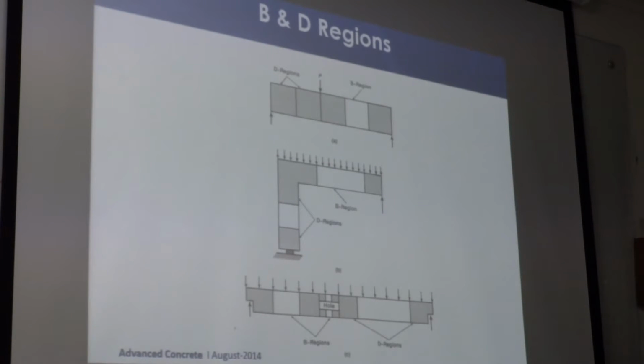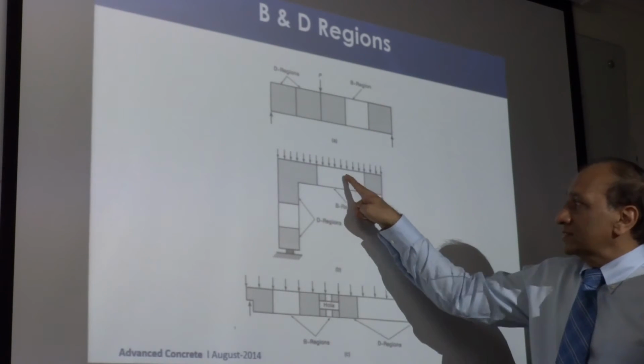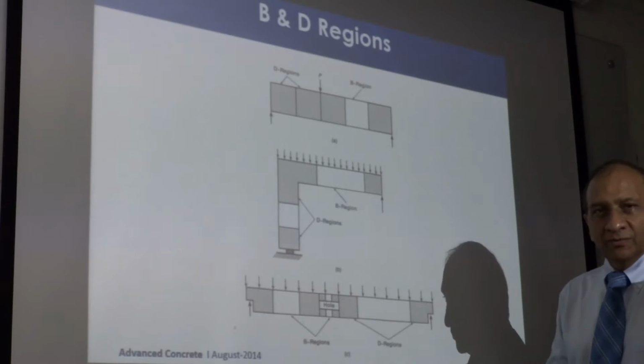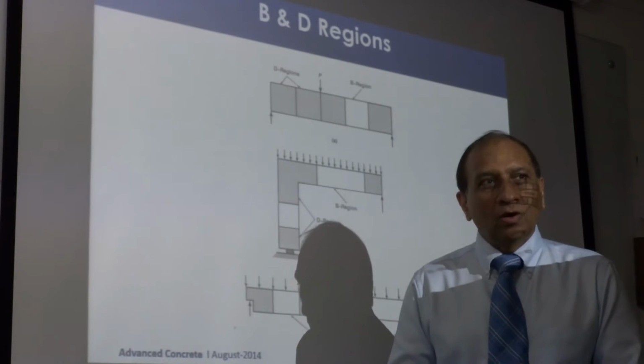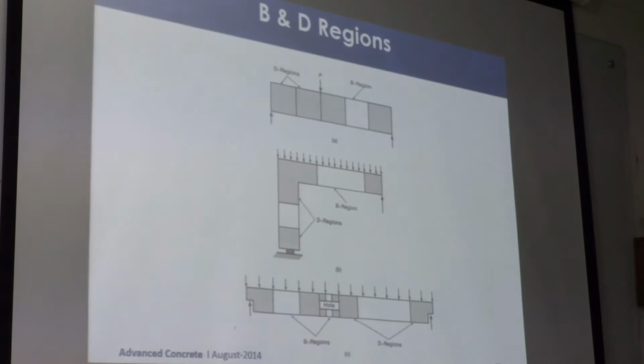So the regions of a member in which Bernoulli's theory holds nearly true is called B region, and the portion of the beam or members in which Bernoulli's theory or assumption does not hold true are called disturbed regions, D regions. That means they are too disturbed, stress strain is too complex, we don't know what's going on, so we call them disturbed, D regions, right?